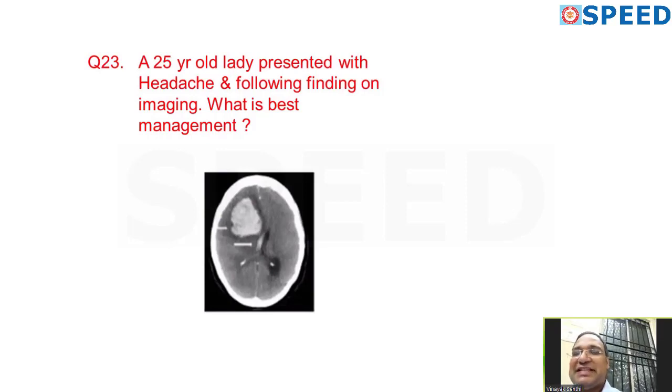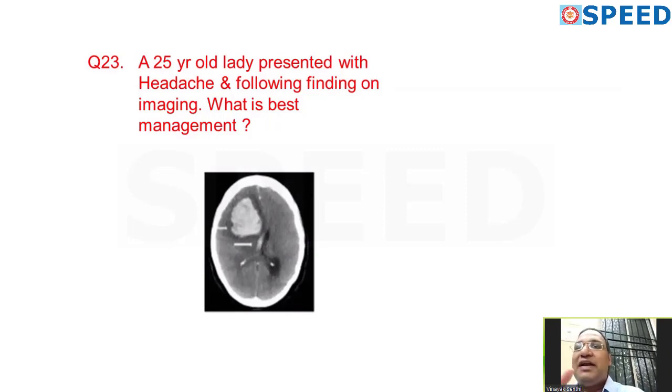If it's going to be the next step, then what will be your next step? Okay, let it be a next step. Next most appropriate management. You see a gross midline shift. You see that there is a gross midline shift. You just need to tell me, was a similar picture given?